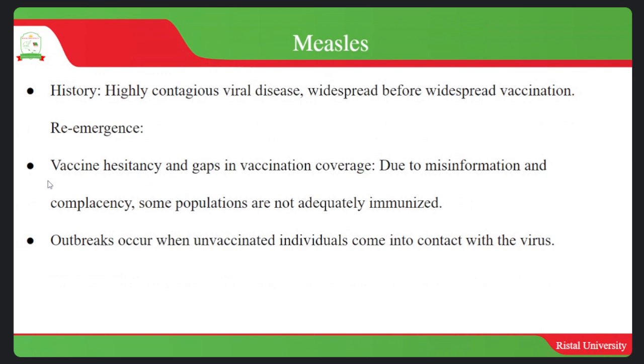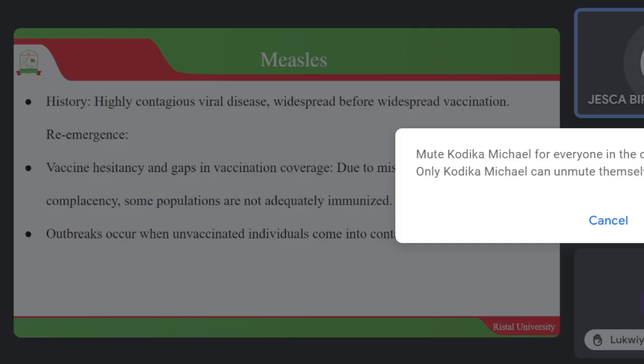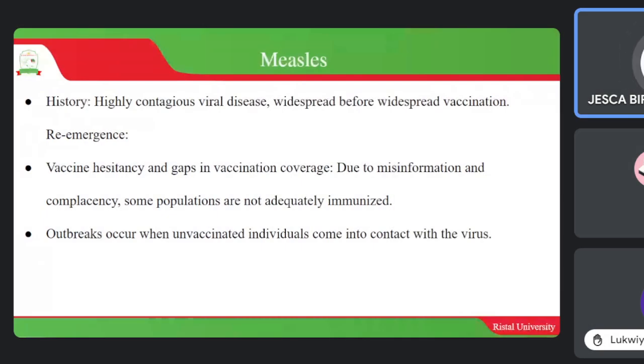Measles is also historically known as a highly contagious viral disease that was very widespread before vaccination. So reemergence of measles occurred due to non-compliance to the vaccination.